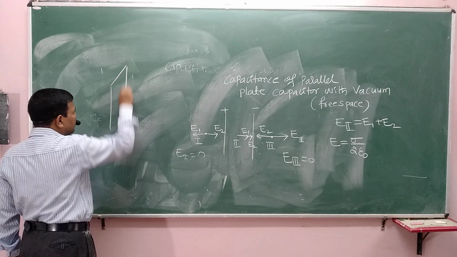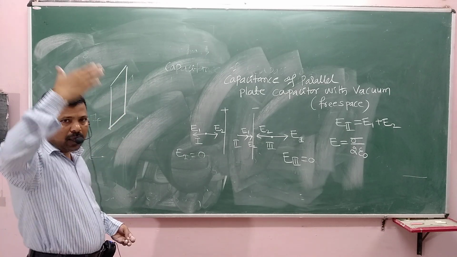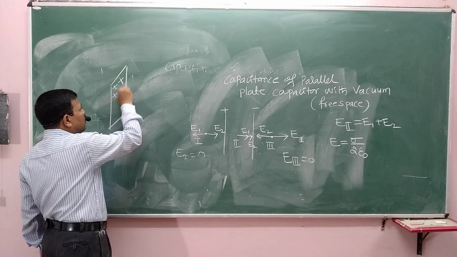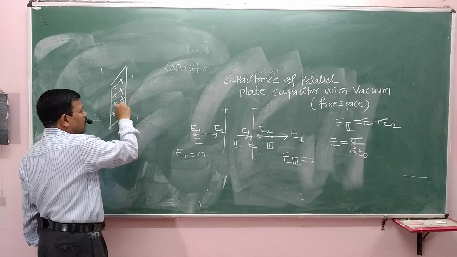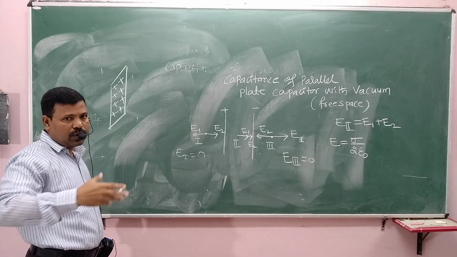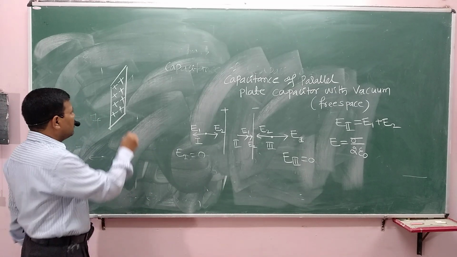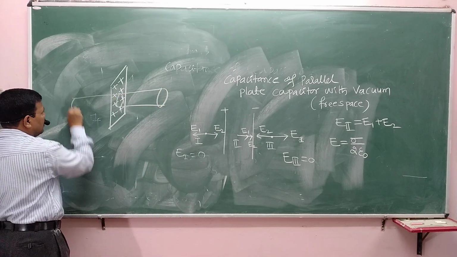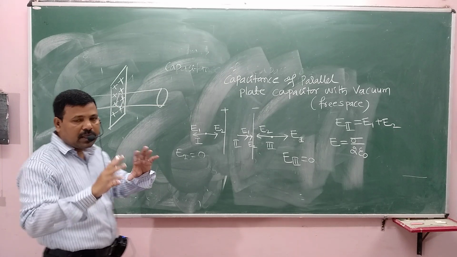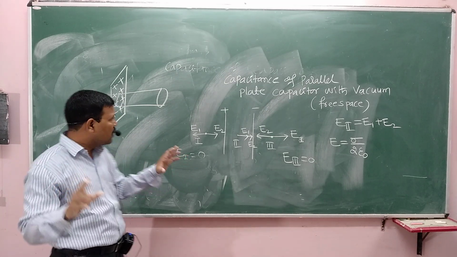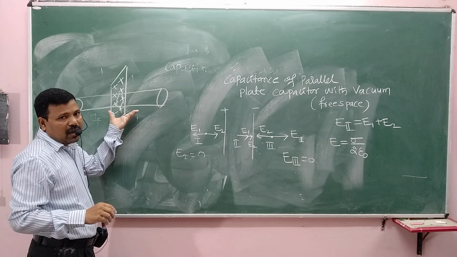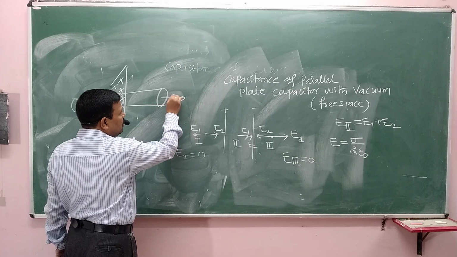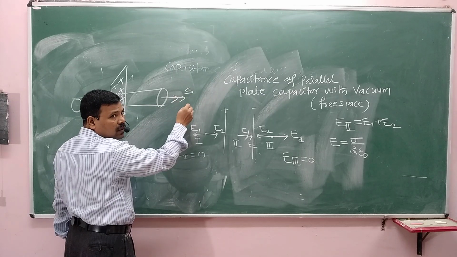A plane sheet over which positive or negative charges are uniformly distributed, and we considered one Gaussian surface, either a parallelepiped or cylindrical, and this is the direction of the area vector.